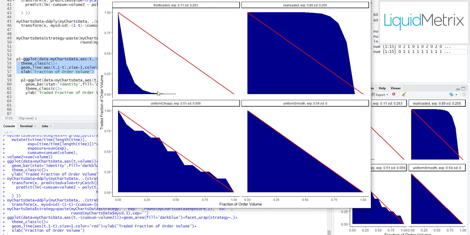That's going to be equal to the area under the curve. So this is the front-loaded strategy. Here's our rear-loaded strategy. And here's the choppy uniform and the uniform smooth strategies. And I fit a line here. This line, this red line, corresponds to our benchmark strategy, which is the uniform smooth.